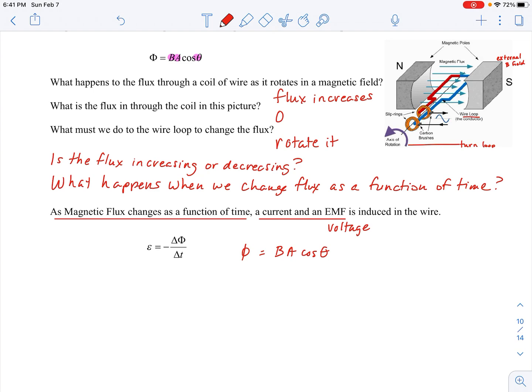In the cases that I've shown you so far, what's changing is the cross-sectional area. So the change in flux would be B times the change in area times the cosine of the angle, if indeed that area is changing.